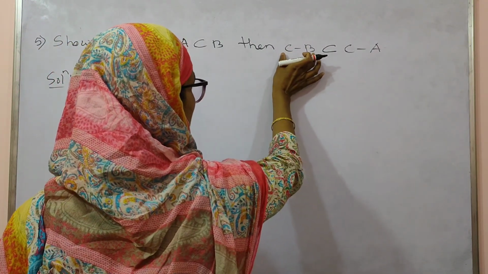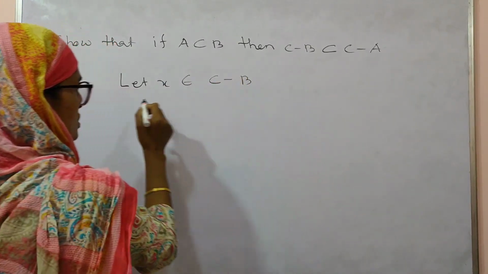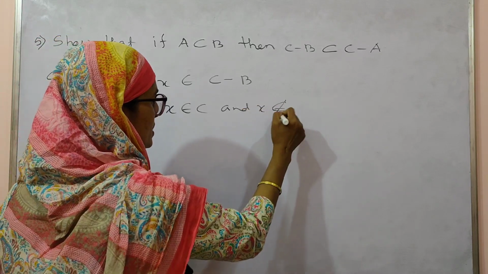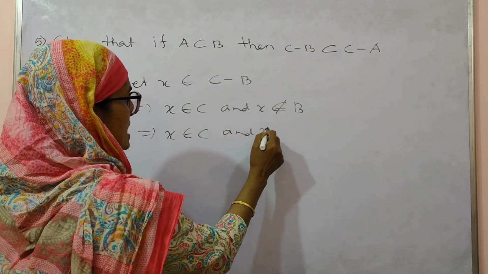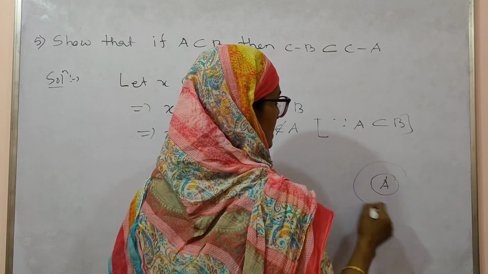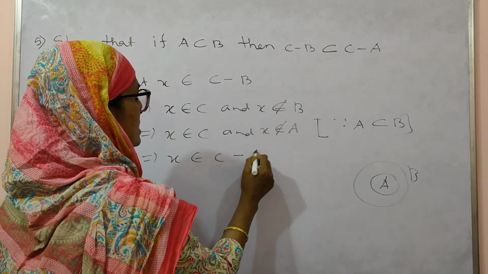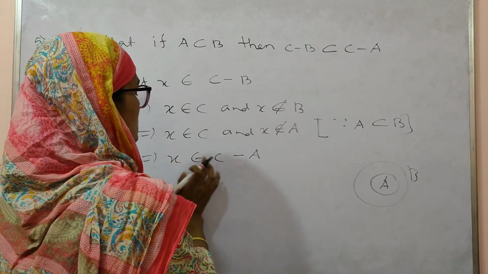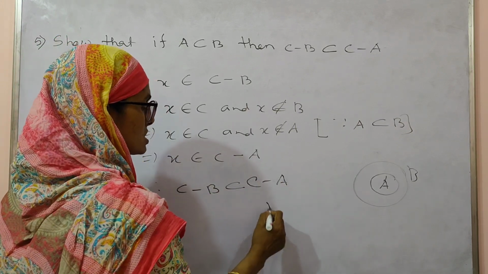For this type of proof, take any element: let x belong to C difference B. So you can write x belongs to C and x does not belong to B. Here, difference, or x belongs to C and x does not belong to A, since A is a subset of B. If A is a subset of B and x does not belong to A, then x does not belong to B also, or x belongs to C difference A. So I have written x belongs to C difference B, and again x belongs to C difference A. That means C difference B is a subset of C difference A. So this is the proof. Write the notes.